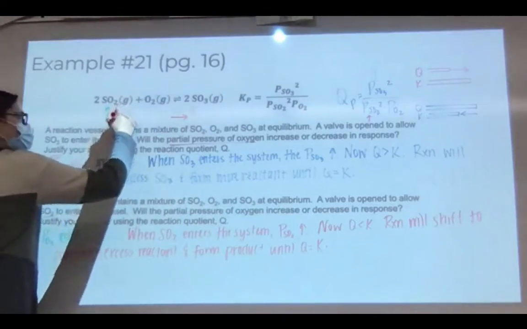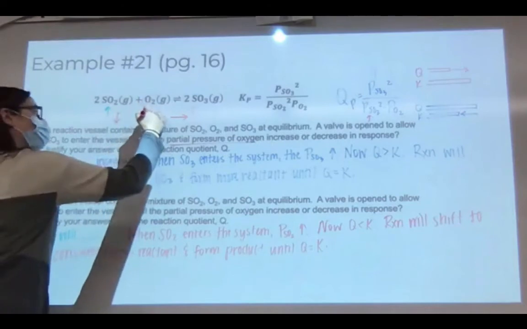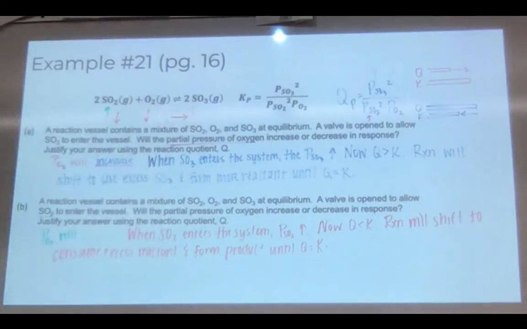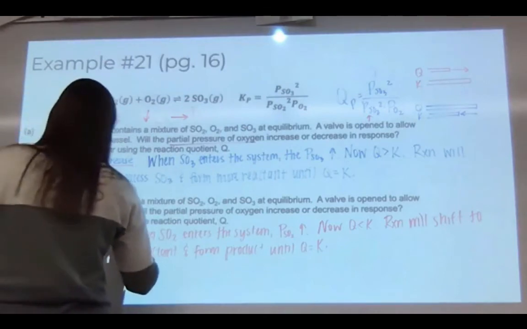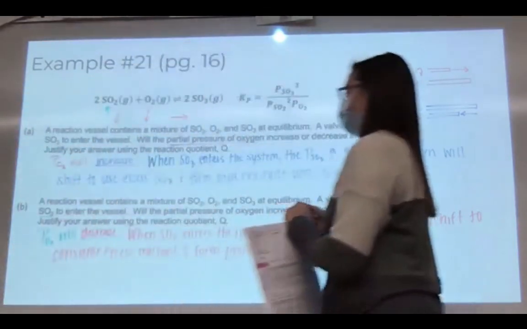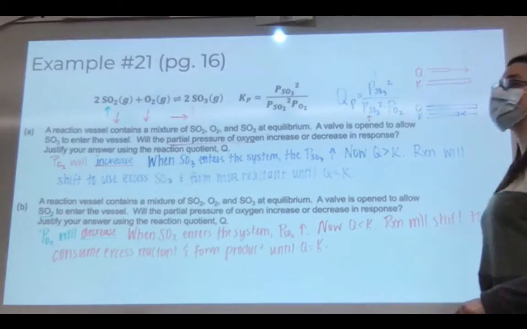Well, if we have to consume SO2, so that's what we added, we also are using up oxygen because it's a reactant. And we're forming more SO3. So the pressure of O2 will decrease, because to use up that extra SO2, we also need to use up oxygen to create SO3.